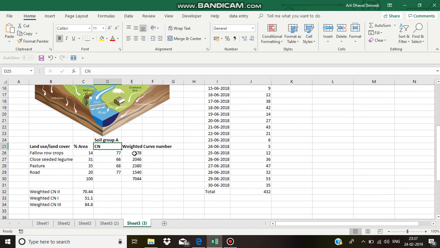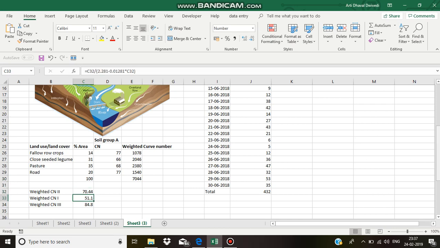We'll obtain CN1 and CN3 values depending upon AMC conditions. Now the weighted curve number is obtained by multiplying the area with the curve number and then dividing the total by 100. So the weighted curve number 2 is 70.44.